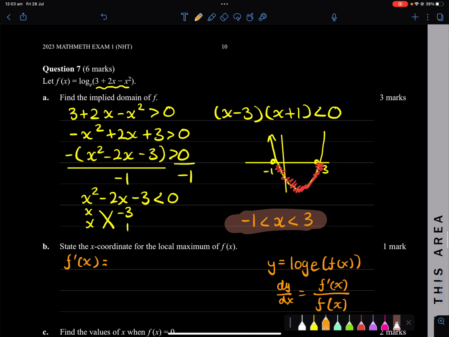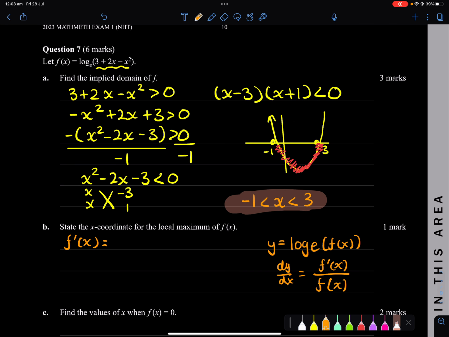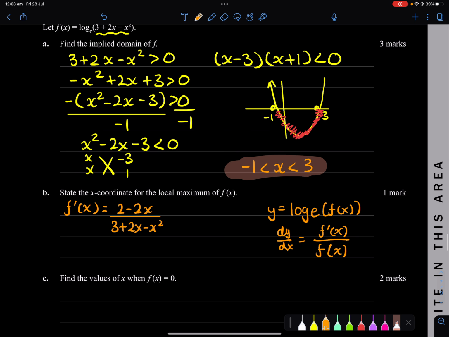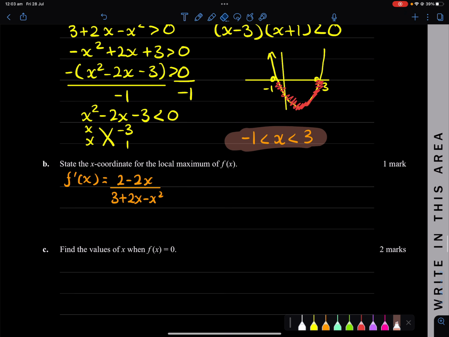So the inner function is 3 plus 2x minus x squared, so the derivative of it is just 2 minus 2x all over 3 plus 2x minus x squared. Okay, let me rub that out. Now, we want to let f dash of x equals 0 here.